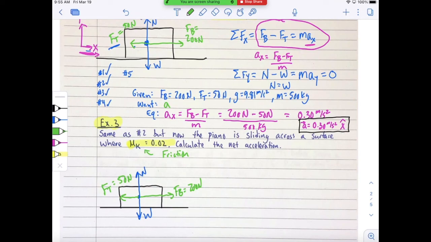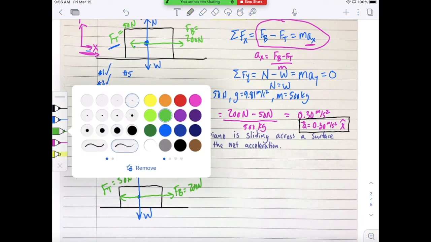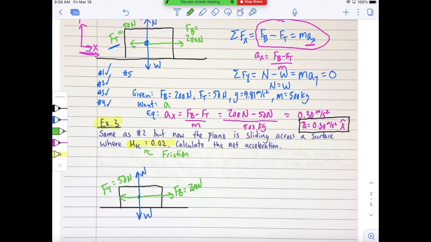And then the thing we have to add on is friction, which is fighting against us in this case. So we have to go back and think, well, friction always opposes the motion. In our previous question, we figured out that the box was accelerating to the right. So the box was going to the right, which means that friction in this case is going to be going to the left. Let's stick with that green color. I'm just going to say friction is another force that we're going to have, and I'm going to put it at the tip of that arrow, that vector.